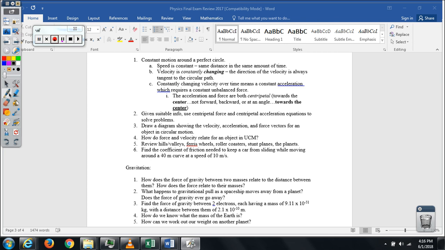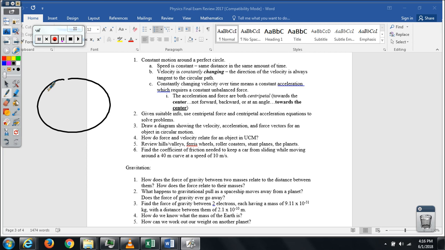And by moving at constant speed around a perfect circle, not an ellipse or any other drawn circle, it's got to be a perfect circle that could be defined by a radius, which is the measurement from the center to the perimeter, and that length is the same all the way around the circle, all the way around 360 degrees. A couple things to point out here.